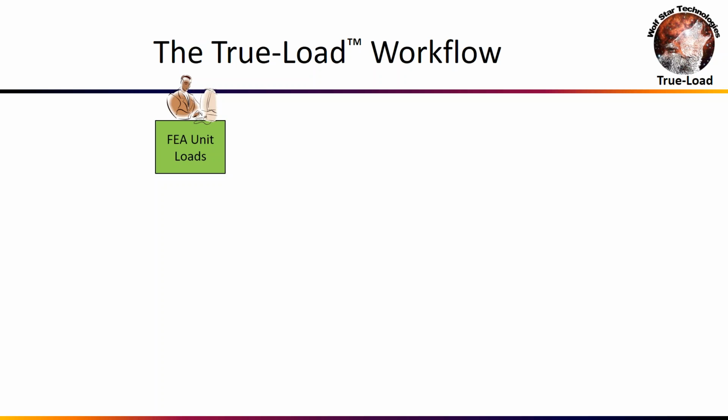But the thought process here is when you look at your part, you have to think if you could take all these unit load cases and scale them and combine them together, could you approximate the operating conditions on your part? So this is your thought process here. This is you being an engineer thinking about your part and thinking about how load enters into your part. You're just putting on unit loads.